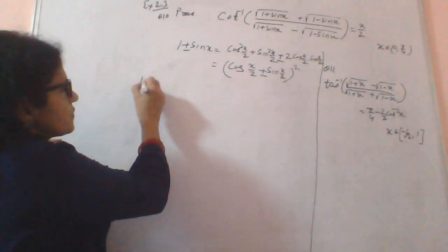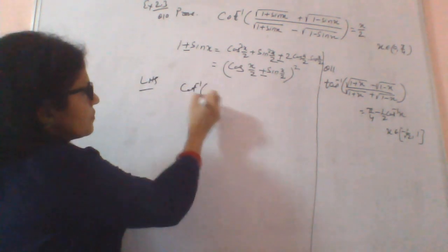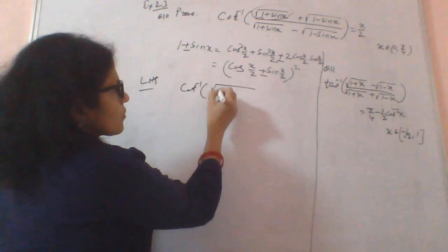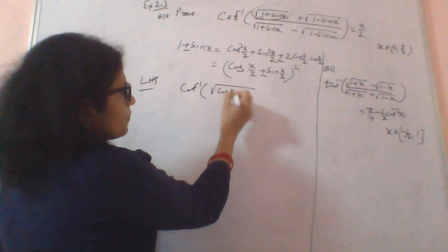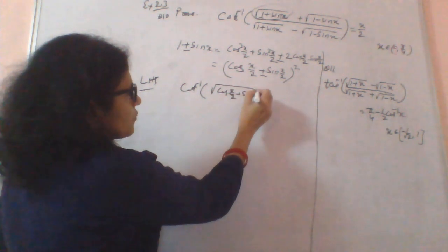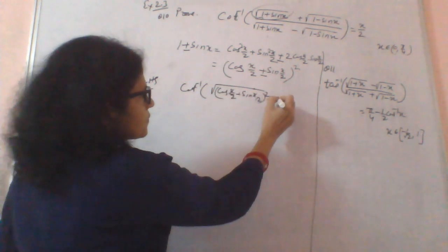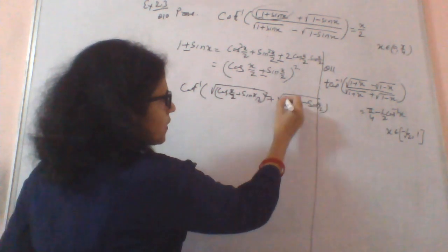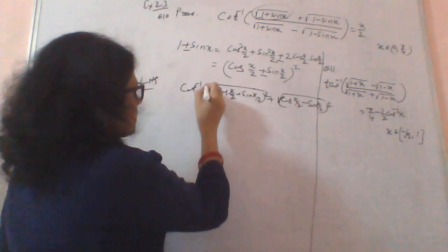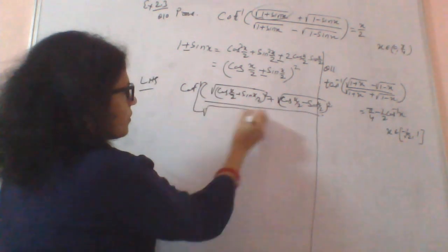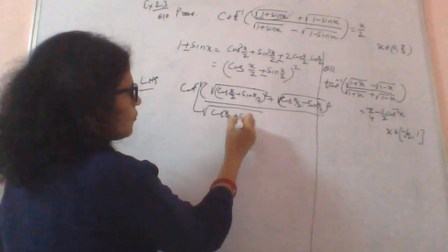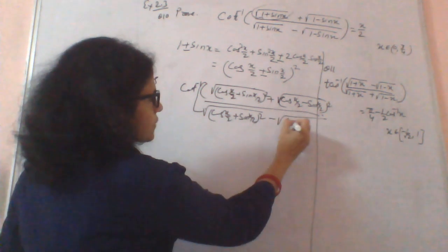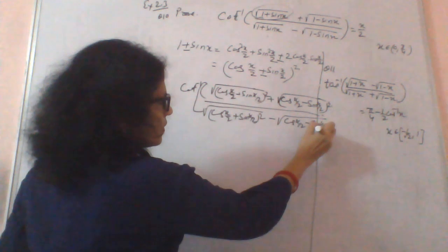Now coming to LHS, cot inverse. So this one will be what? Under root cos x by 2 plus sin x by 2 whole square plus under root cos x by 2 minus sin x by 2 whole square, divided by under root cos x by 2 plus sin x by 2 whole square minus, again the same thing we are writing, okay.